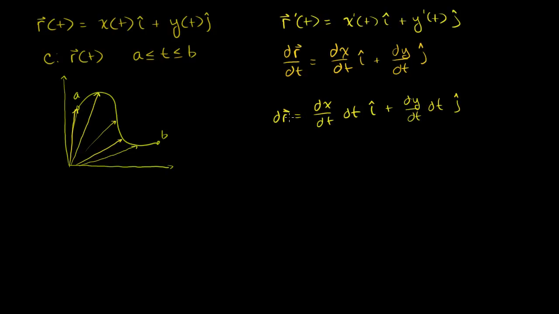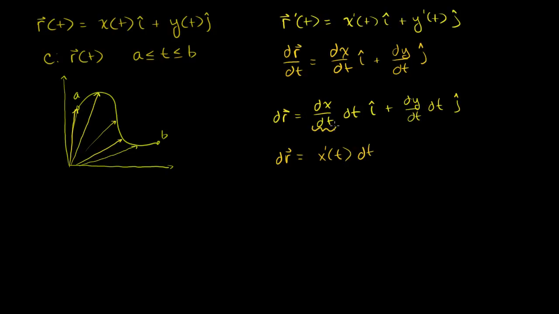Or we could rewrite this in all of the different ways that one can rewrite it. You could also write this as dr is equal to x prime of t dt times the unit vector i. Sorry, this was x prime of t dt, right?